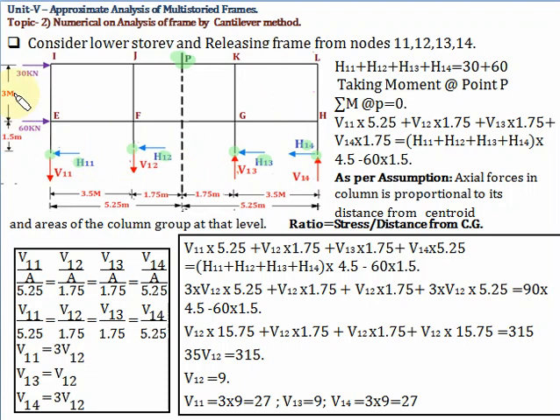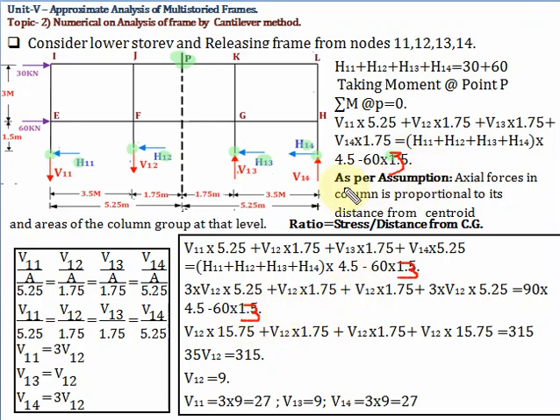And what is the distance? 3 plus 1.5, that is 4.5. Then this horizontal force is there, it is acting in the opposite direction, so 60 into 3. Here also it is a mistake, now 60 into 3.